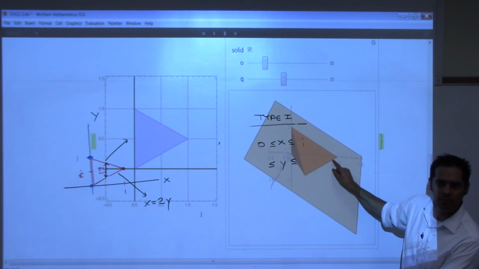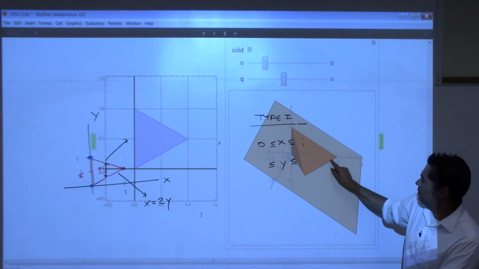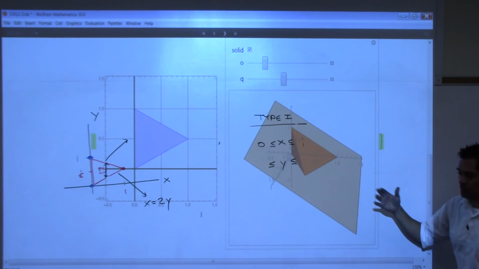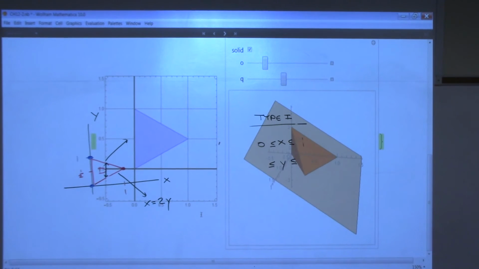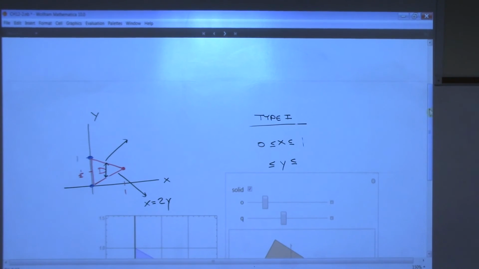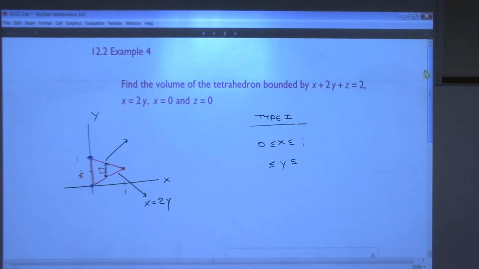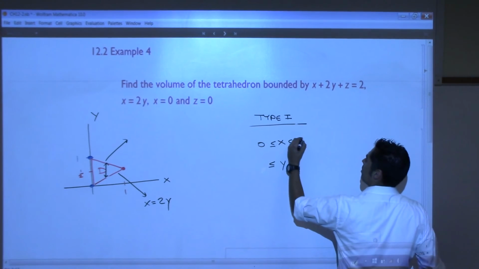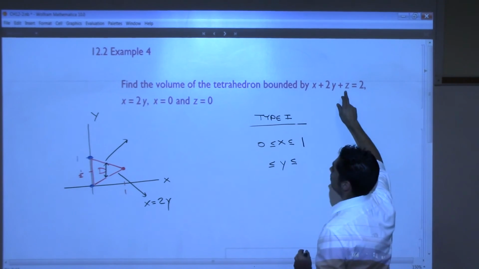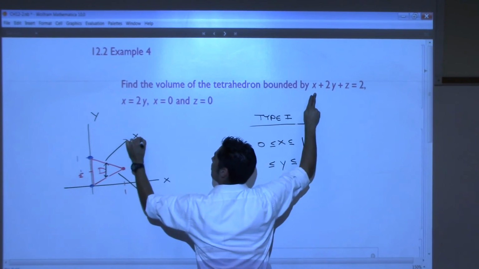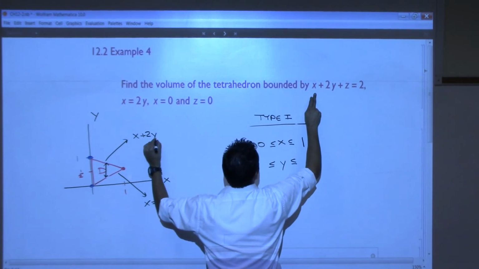Isn't that what we're talking about? And that means it comes from the equation of the plane when z was 0. So what's the equation of the plane when z is 0? It's x plus 2y equals 2.